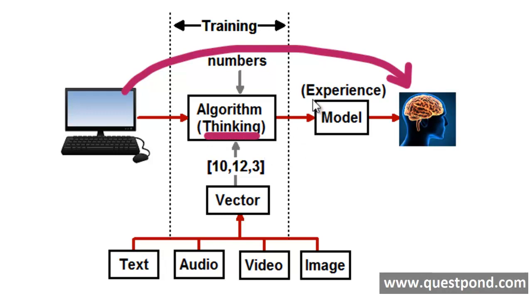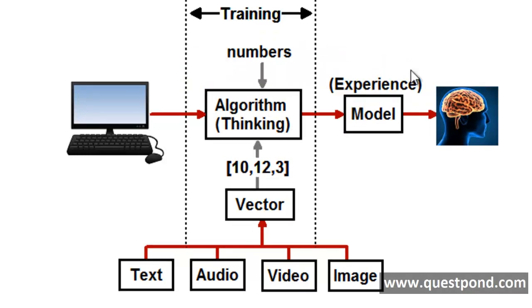And second, humans get experience, humans get matured. They learn from surroundings, from school, from their parents, and so on. So somehow in the machine, we need to put two things. One is we need to make the machine think. And the second is that the machine gets matured by learning.